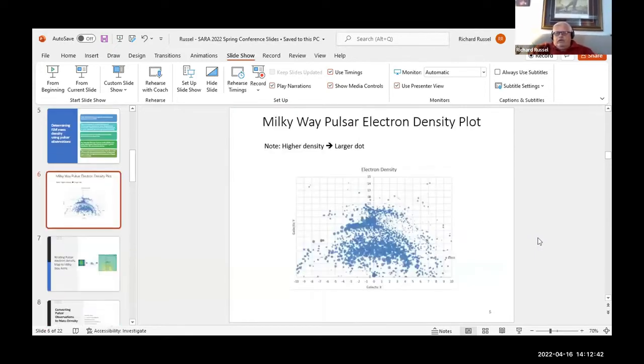If you look at it here, obviously the center of the galaxy is here. We are about 8.5 straight up the chart here. And you see these nice little patterns where all the pulsars are plotted. The bigger the dot, the greater the relative density.